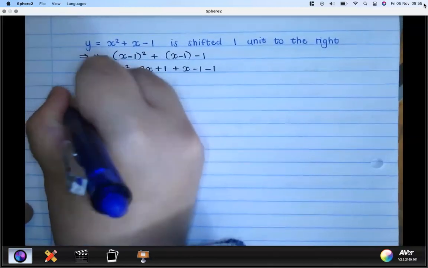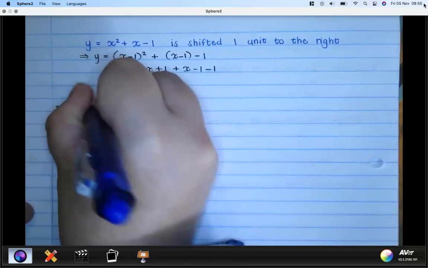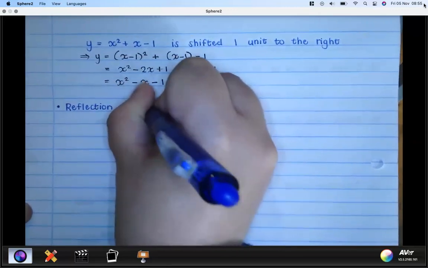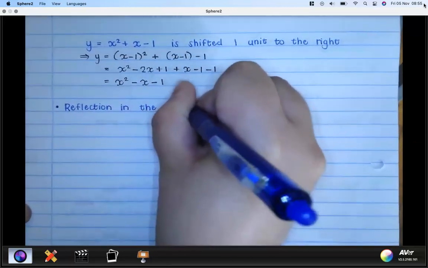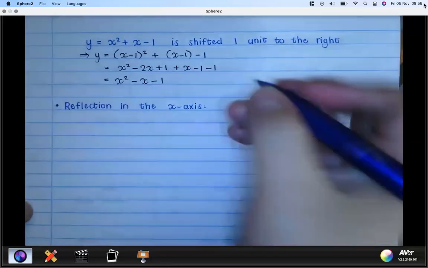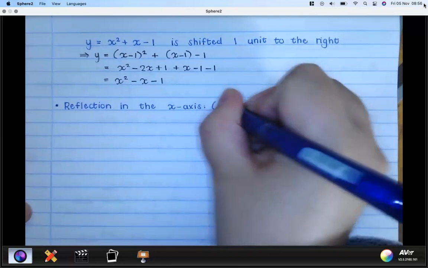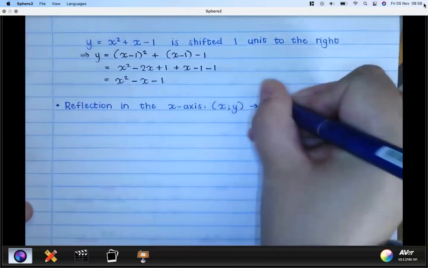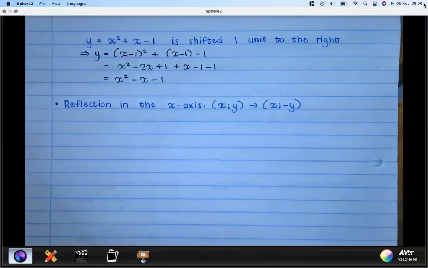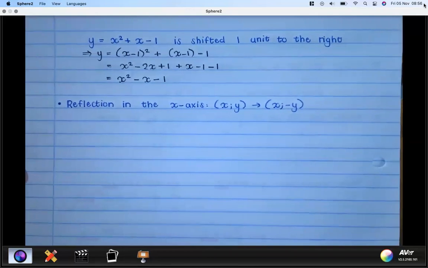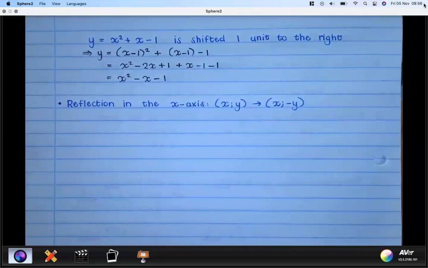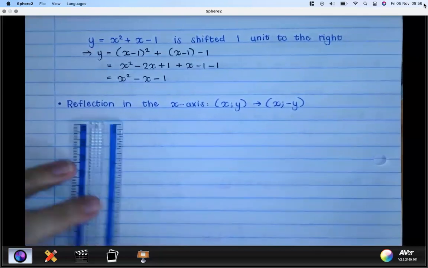Then we can do some reflections. So, reflection in the x-axis. Right now, this might look foreign to you. You might remember this from grade 9, that when you reflect something in the x-axis, the x value will stay the same, but the y value will change its sign. I'll just draw a quick diagram here.